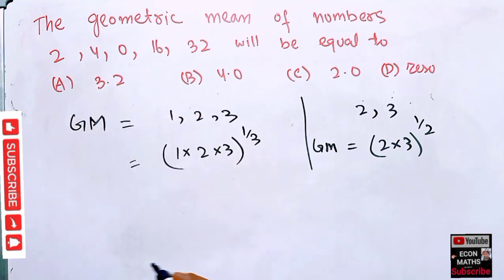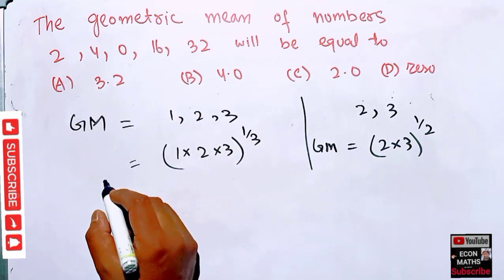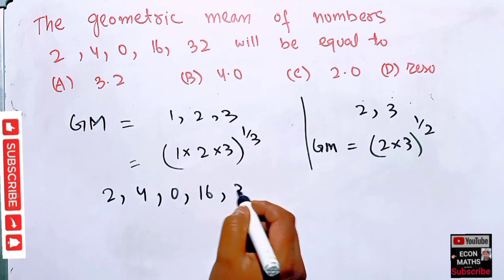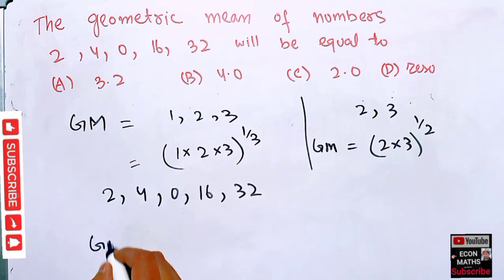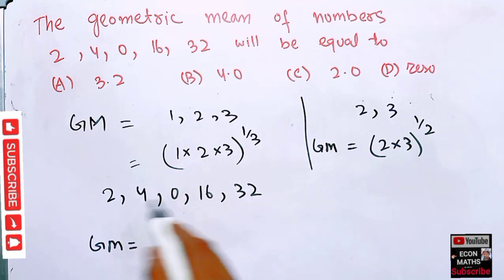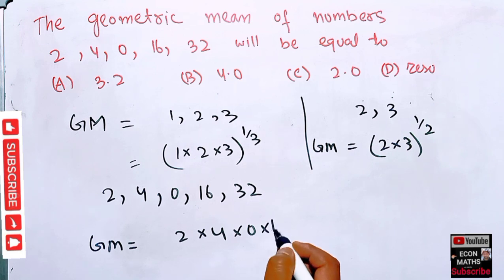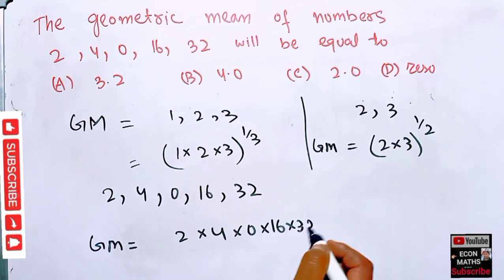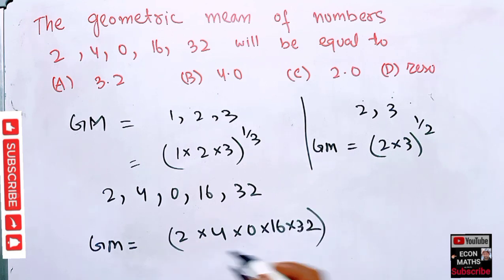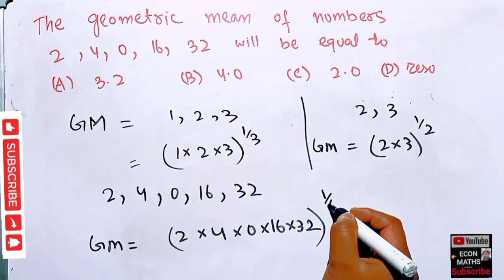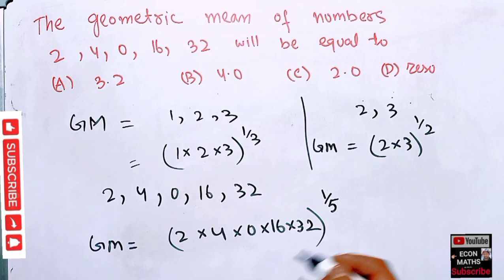In this case, we are given the numbers 2, 4, 0, 16 and 32. That means we just multiply 2 into 4 into 0 into 16 into 32 and take the fifth root, that is, 1 by 5 raised power.